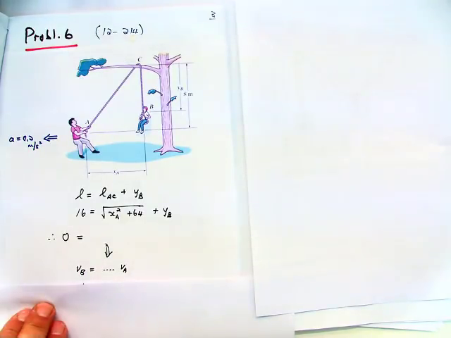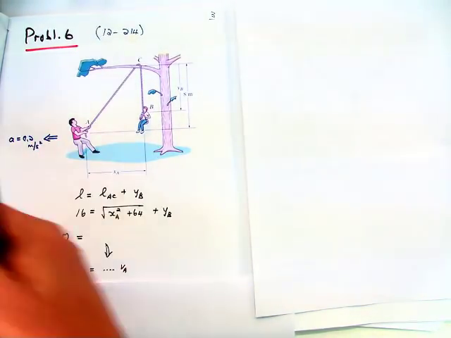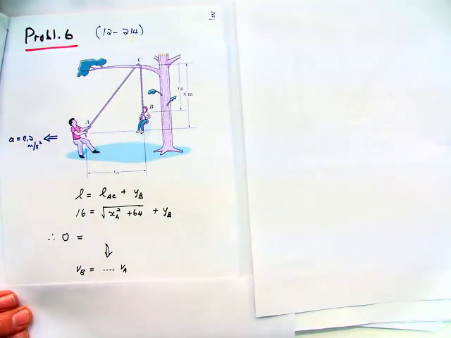Now the question here is, they say this boy is moving to the left at a constant acceleration. He starts from rest. So okay, here in this direction you have a constant acceleration case: something starting from rest, constant acceleration, moving a certain distance.